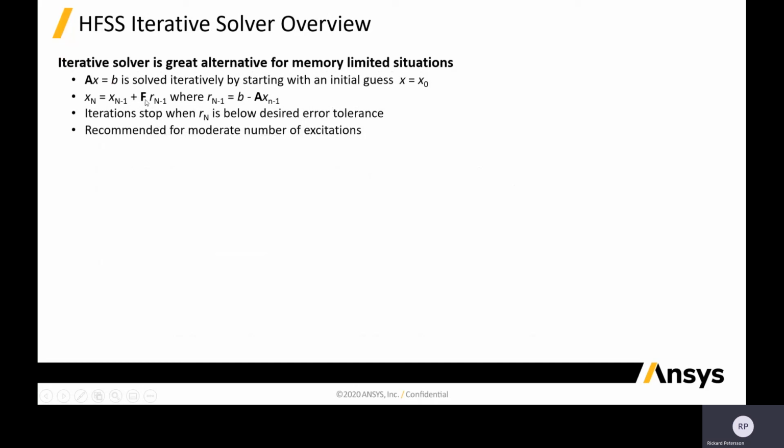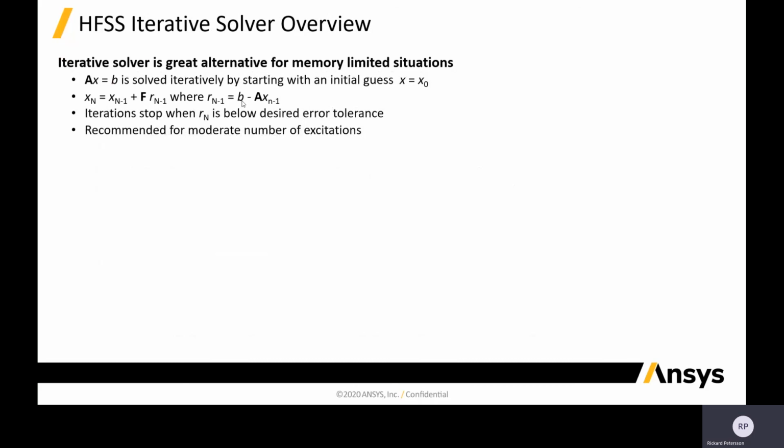And the correction involves a transformation f operating on the residual vector, r sub n minus 1. And this residual vector is just shown here. Basically, it shows the residual error between the solution and the right-hand side vector b. So if you have no residual, you have the solution.